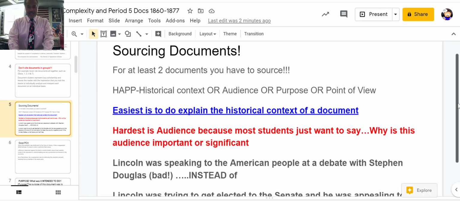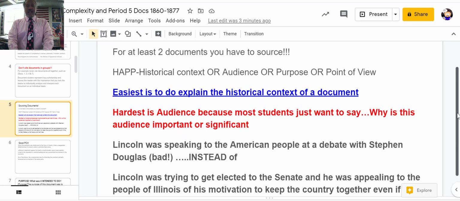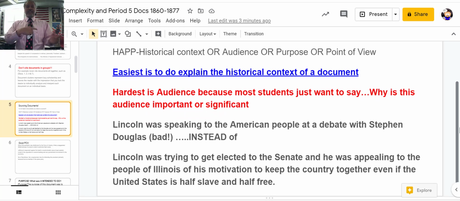Sourcing documents, for at least 2 documents, you have to source, and I put that on your attachment there. Easiest to do is explain the historical context of a document, because what was going on when Lincoln made his Gettysburg Address? Well, they just fought the battle in July of that year, and it's a commemoration at the cemetery in November.